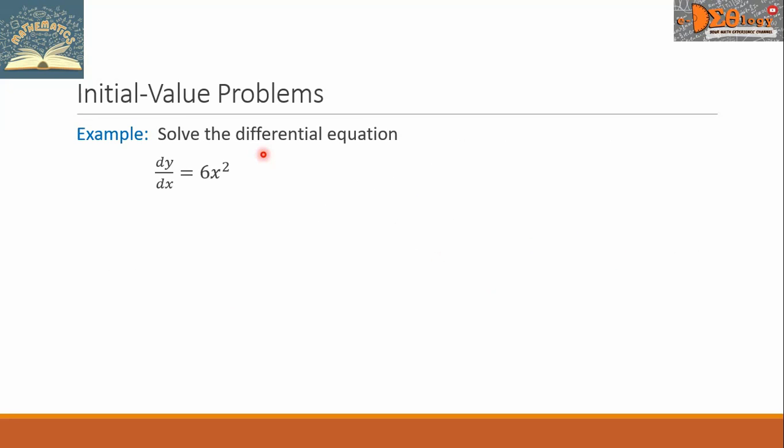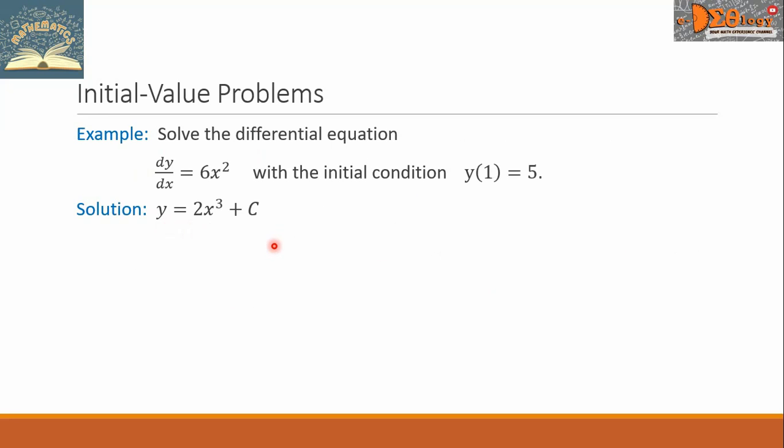A while ago, we solved this differential equation and we found that the solution is y equals 2x cubed plus c. Now, let us add the initial condition y of 1 equals 5. In this case, we're going to solve for c for this equation.